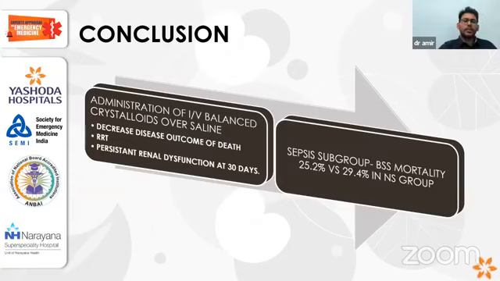The conclusion of the study was that IV balanced crystalloid over saline decreases the outcome of death, new renal replacement therapy, or persistent renal dysfunction at 30 days. And in the sepsis subgroup, balanced salt solution mortality was 25.5% versus 29.4% in the NS group.